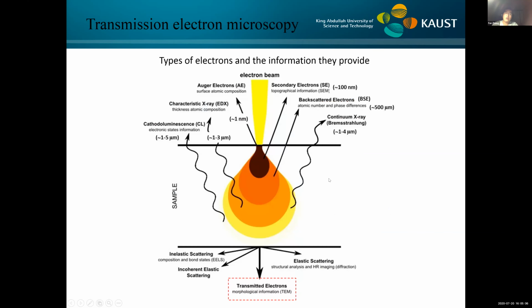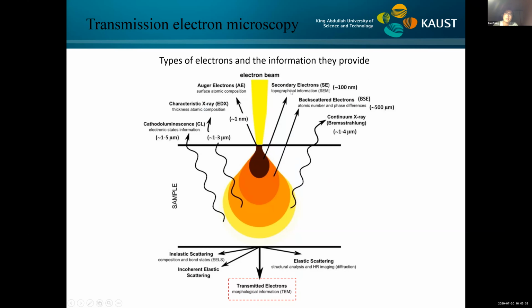So why do we call this technique transmission electron microscopy? It depends on the electrons it uses. This figure shows different types of electrons and the information they provide. When an electron beam reaches the surface of a very thin sample, it will be scattered, and different kinds of electrons are generated.